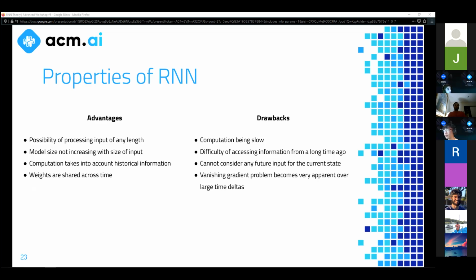Something important to note about this as well is that if the parameters weren't shared, then you can't have variable length data for your inputs. The whole reason it doesn't really matter how many time steps you have is because you're using the same weight matrix every single time. So you can just extrapolate this as many times as you need to for however many time steps.